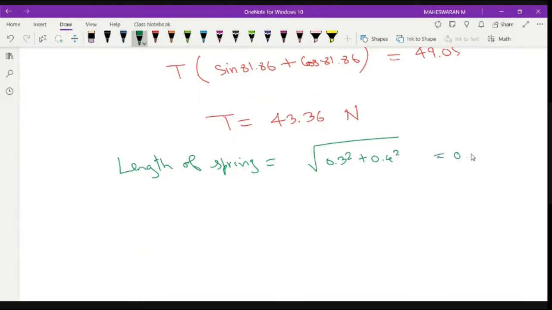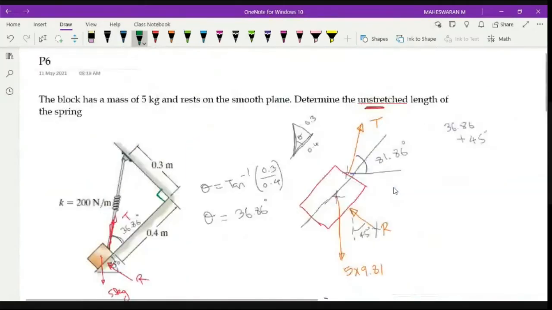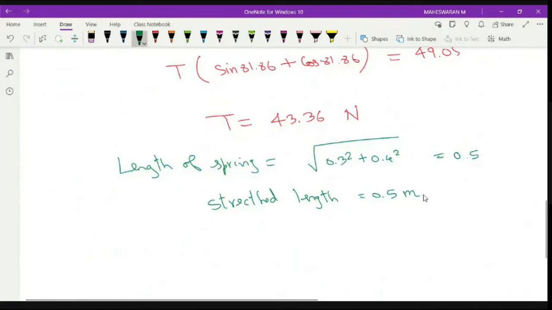You will get 0.5. This 0.5 is nothing but your stretched length. So that is 0.5 meter, everything is in meter.